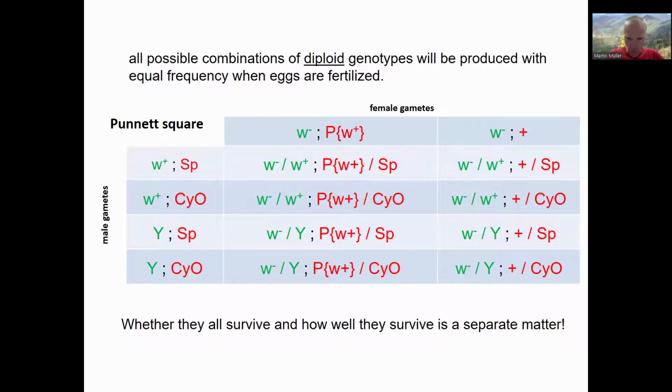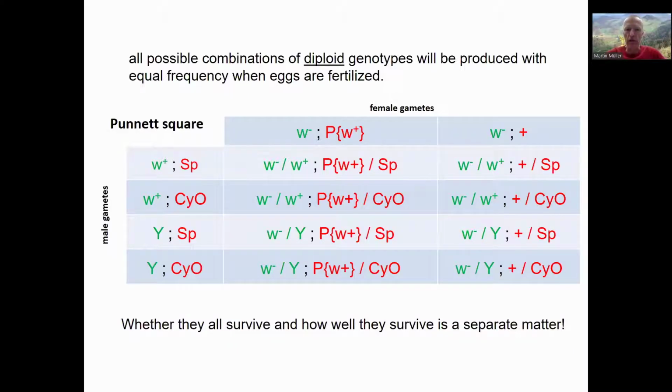Here, something I wanted to say is, this is pure Mendelian genetics, and you get all the different genotypes with the same probability, but whether these genotypes survive, that is, of course, a different question. So some markers, when they get together, the viability is low, or the genotype might also lead to lethality.